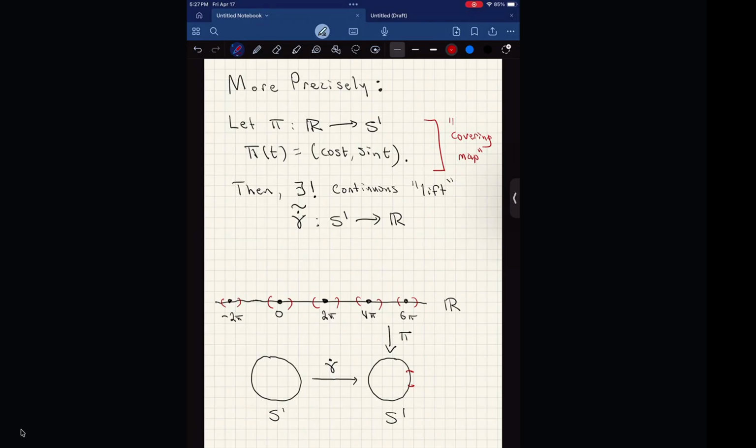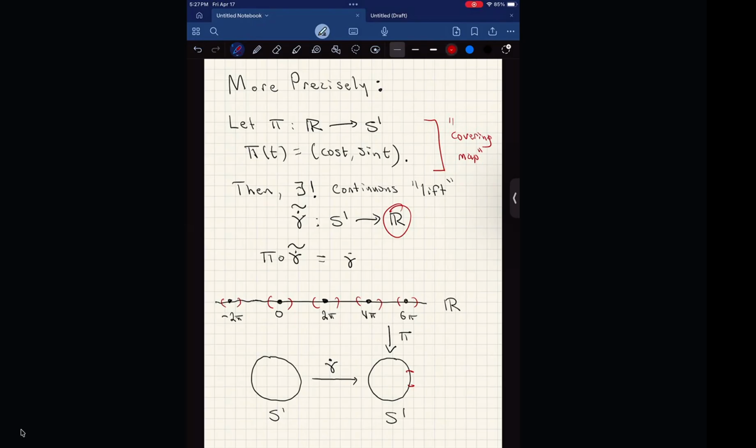The point for us is that if we have this velocity vector from before, gamma prime, we can consider what's called a continuous lift of it to the real line. What you want is the property that pi composed with this gamma dot tilde, the thing whose image lives in the real line, is equal to gamma dot.